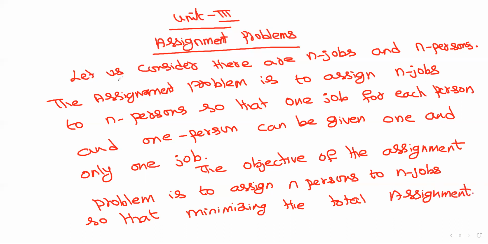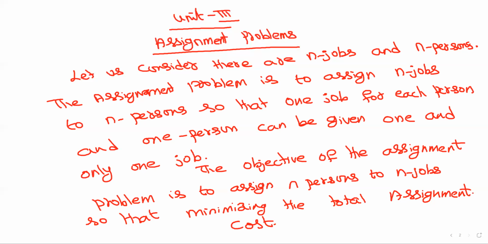So once again, let us consider there are n jobs and n persons. The assignment problem is to assign n jobs to n persons so that one job goes to each person, and one person can be given only one job. The objective of the assignment problem is to assign n persons to n jobs so as to minimize the total assignment cost.